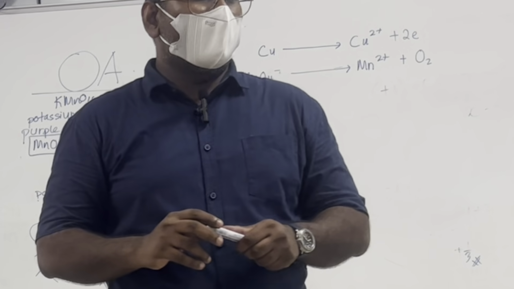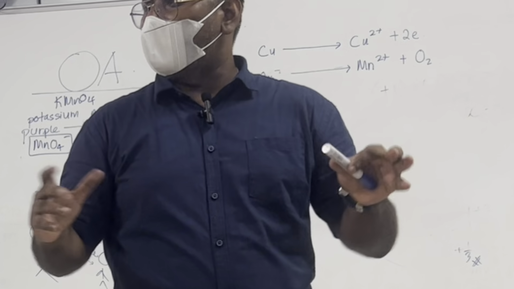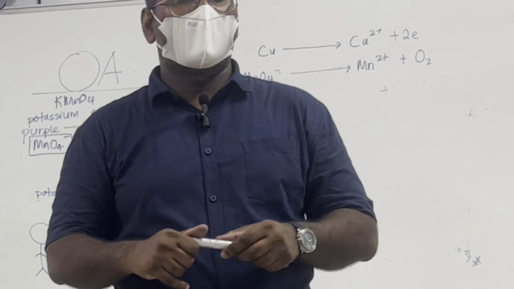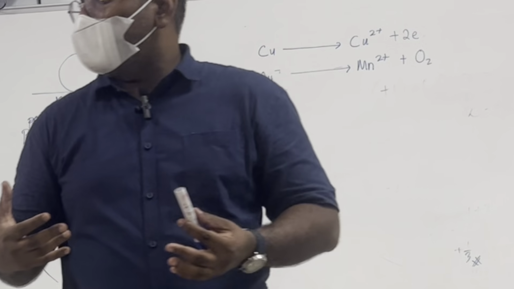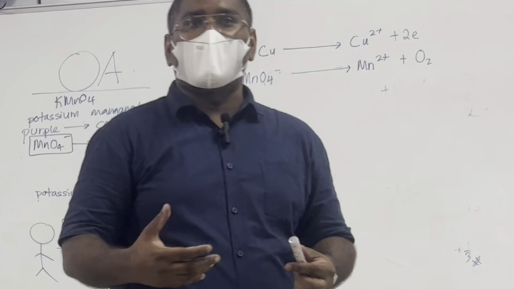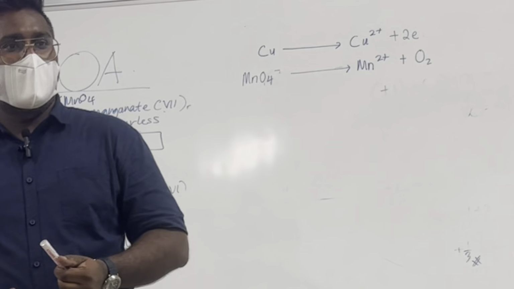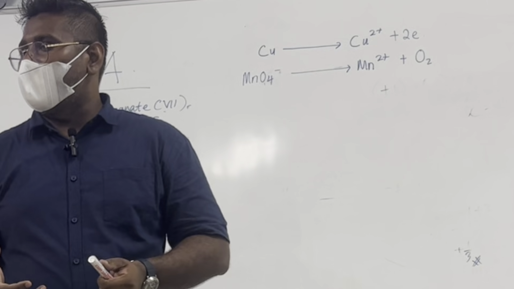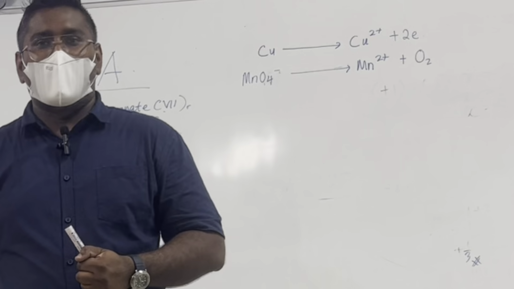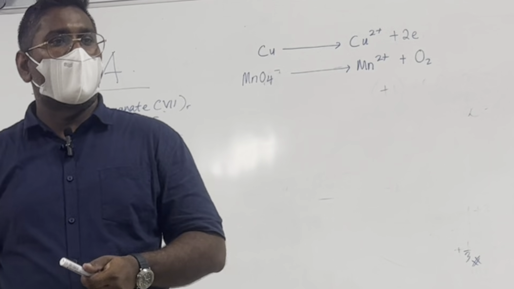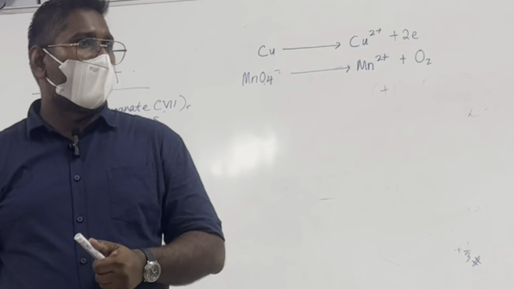In chemistry, there are quite limited chemicals that can give us oxygen. The main chemical that can give us oxygen is hydrogen peroxide, where we use the catalyst MnO2 to decompose the hydrogen peroxide to give you water and oxygen.